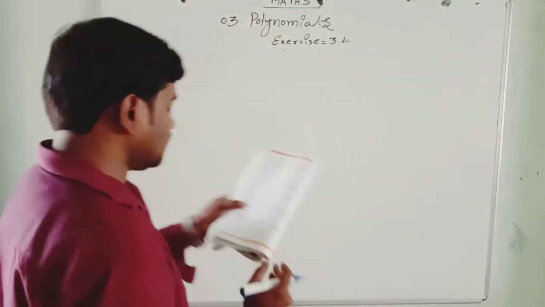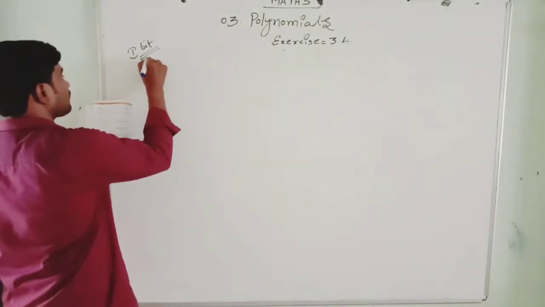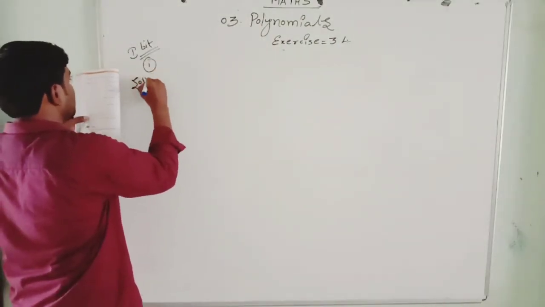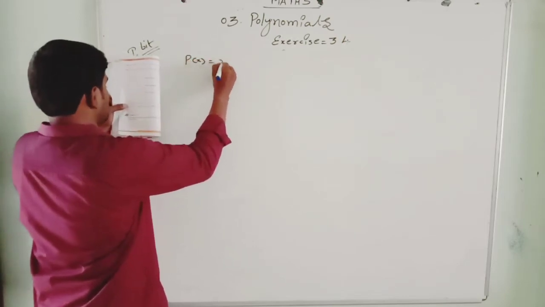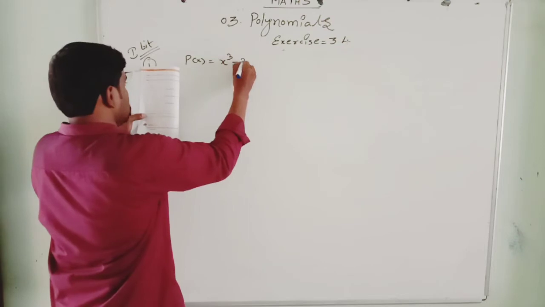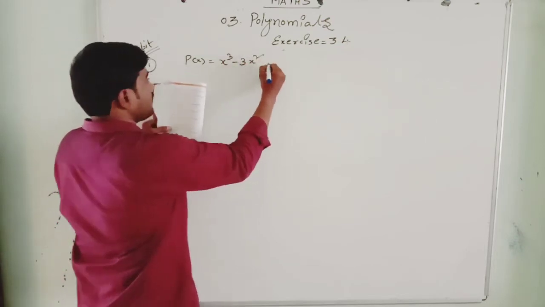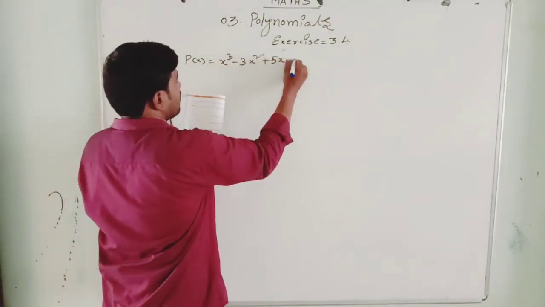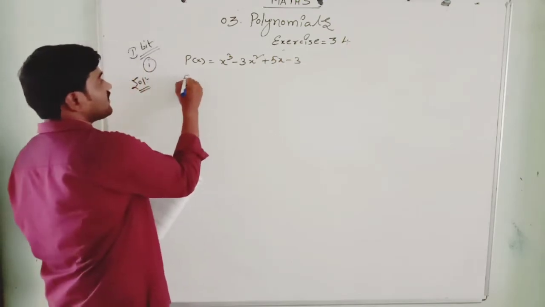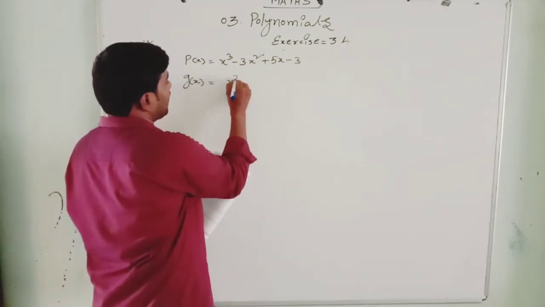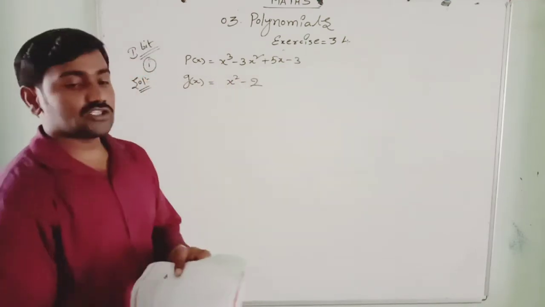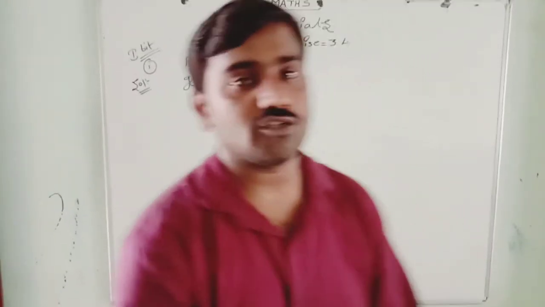The first question: p of x is equal to x cube minus 3x square plus 5x minus 3. This p of x we have to divide by g of x, that is x square minus 2.